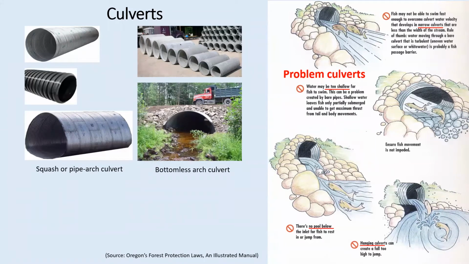The next problem could be that there's no pool below the base of the culvert or the drop area of the culvert to allow the fish to jump up into it. So that could be a potential barrier. Or if the culvert's up too high, they can't jump high enough to get into it, particularly juveniles. And I've seen all forms of these problems looking at culverts in the past.